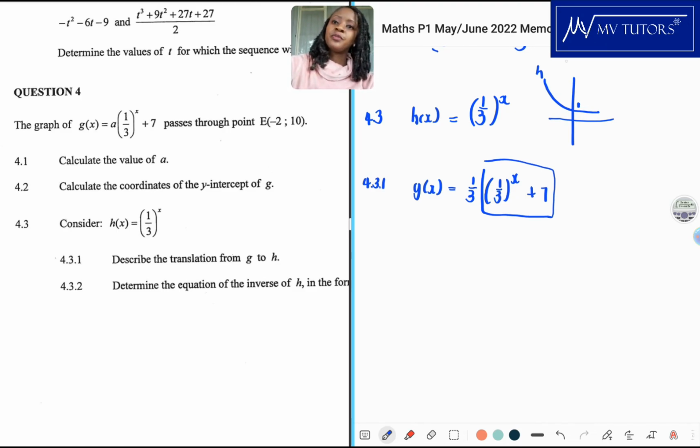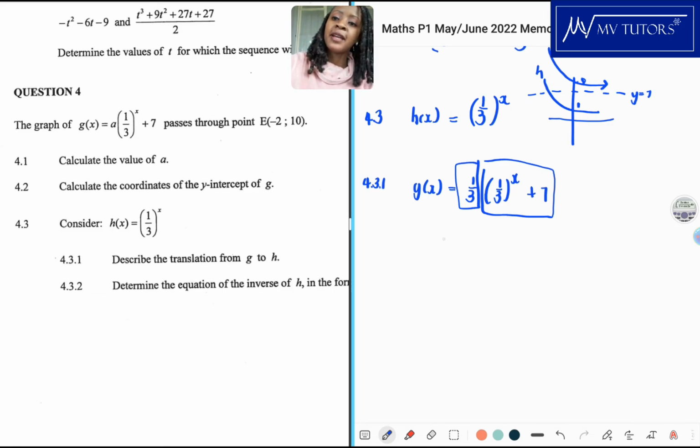So it would pass at 8, with the asymptote being 7. But then what does this third do? Well, you would technically just say 8 times a third, then you'd see what the third does. But how would you describe it in words?